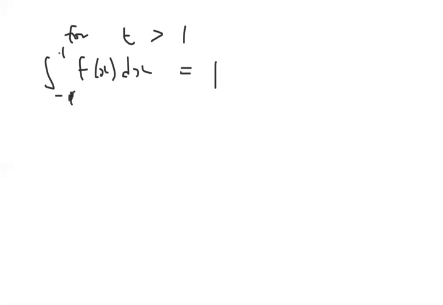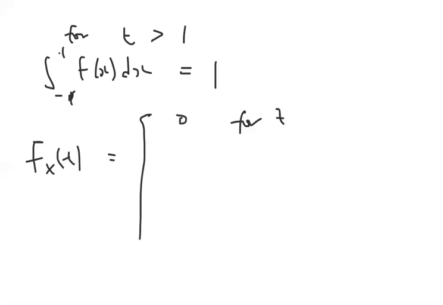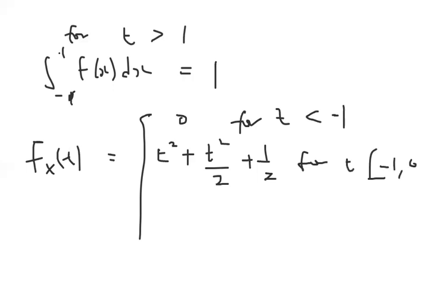So the distribution function is equal to 0 for t less than -1, and then t plus t squared over 2 plus half for t belonging to -1 and 0 not inclusive.